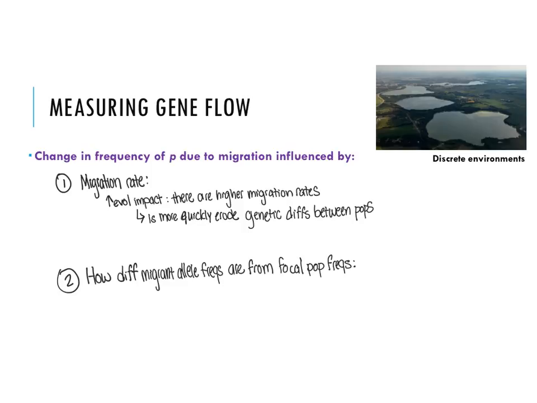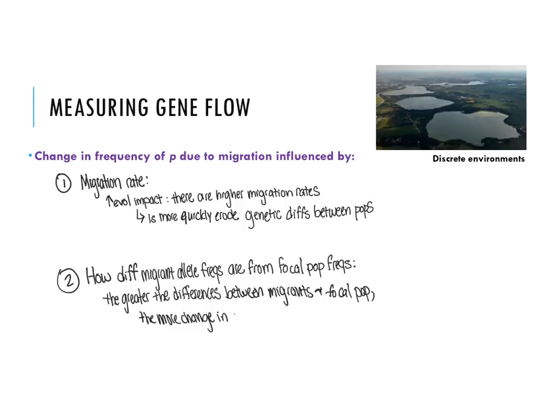And basically here, the greater the differences between migrants and focal pop, the more change in allele frequencies migration will cause. Now this all assumes that the migrants actually successfully mate.